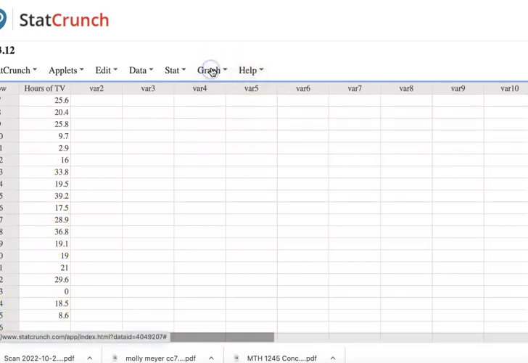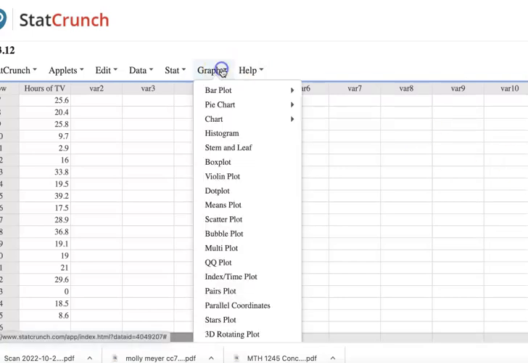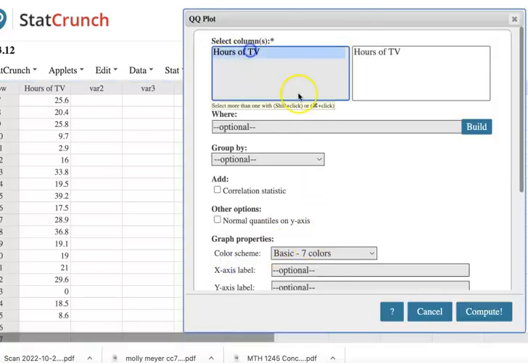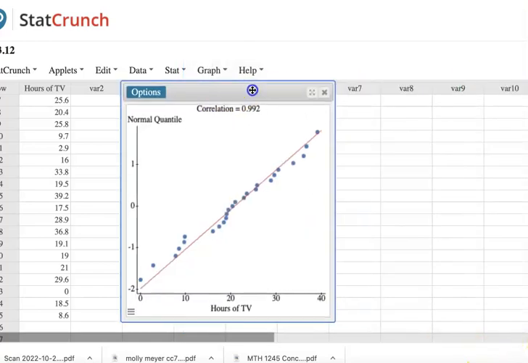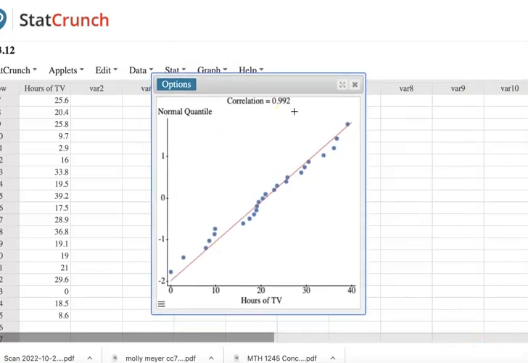So I'm going to go to Graph, QQ plot. Hours of TV, add correlation statistic, normal quantiles on the y-axis, and I will click compute, drag it so you can see it. We can see that this time it's definitely looking like the points are closer to that line.